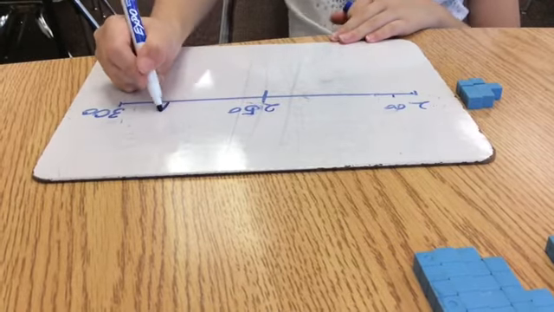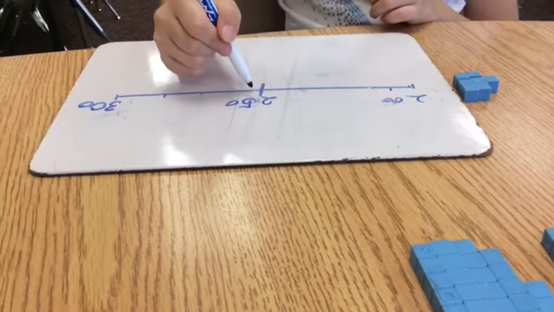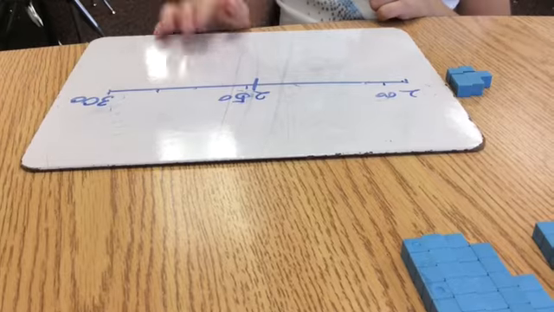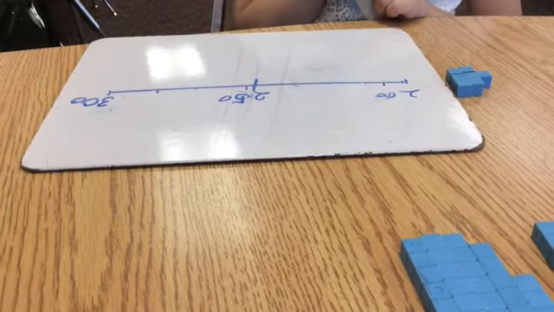Okay, now that's way past 250. And if you look at your blocks, you only have 8 more than 250. So where would that go? That's still pretty far past 250. That's probably a more appropriate choice because it's closer to the 250. Very good.